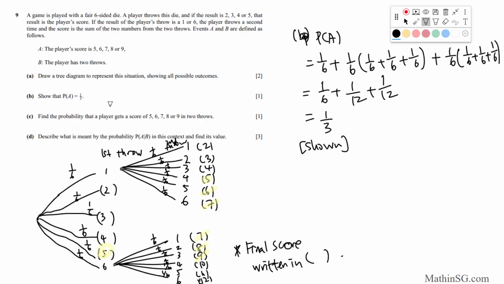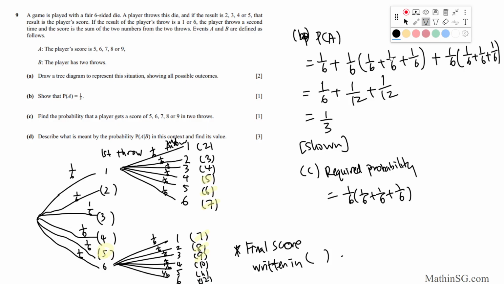Next, find the probability that a player gets a score of 5, 6, 7, 8, or 9 in 2 throws. So now we are not interested in event A. We only want 5, 6, 7, 8, or 9 in 2 throws, right? So in 2 throws means it is only this. So the required probability is basically 6 times 1 over 6 times this.